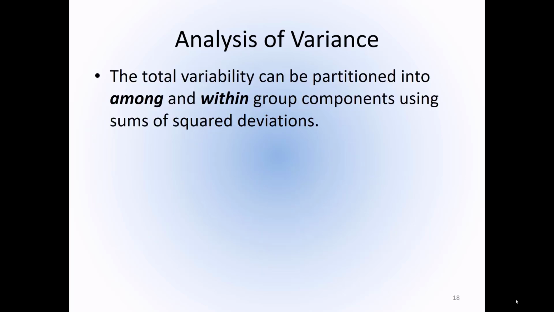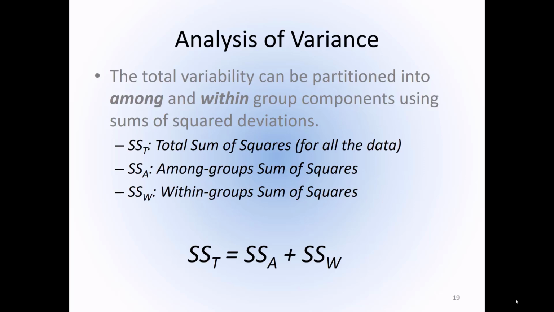So for this analysis of variance, we're partitioning the variability into among and within groups, and we're going to do so based on the sum of squares. So this goes back to our discussions on dispersion and on variance, and so we're seeing the connectivity we have across our topics. So we have three different sum of squares that we need to take interest in for analysis of variance.